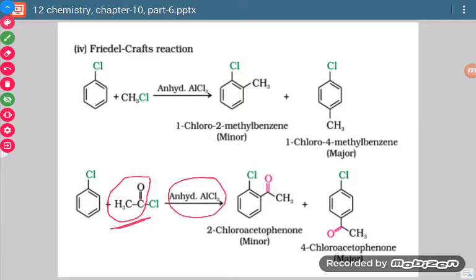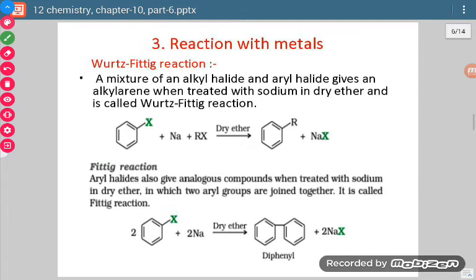So this CH3CO group will be added at the ortho and para positions, and we will get 2-chloroacetophenone or 4-chloroacetophenone. So in alkylation an alkyl group is substituted, and in acylation an acyl group is substituted.